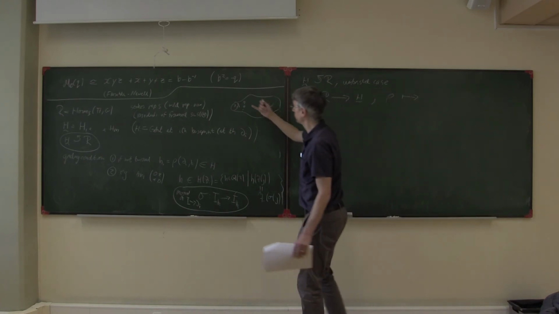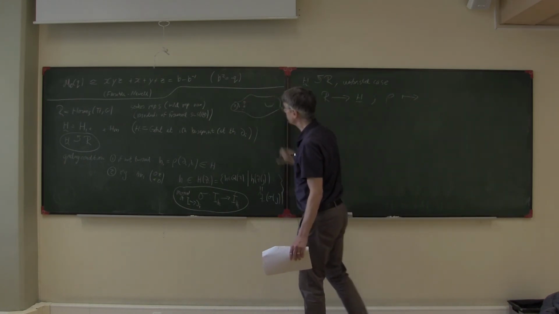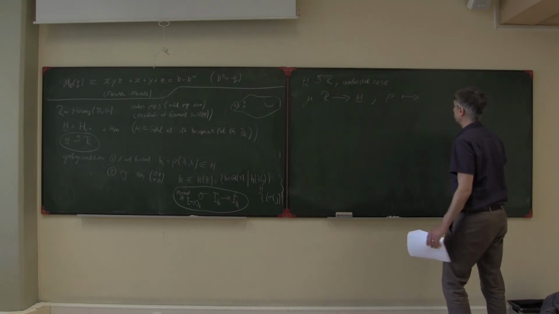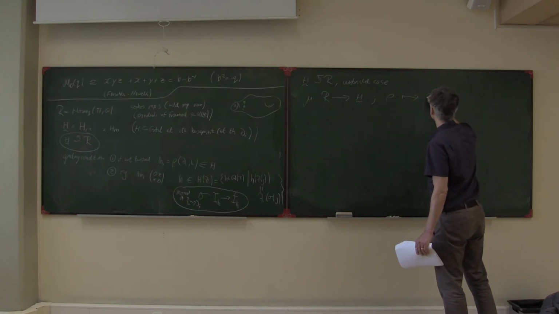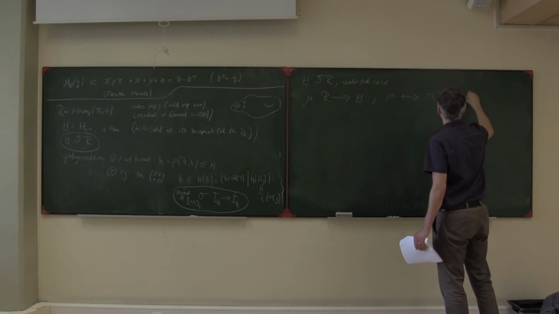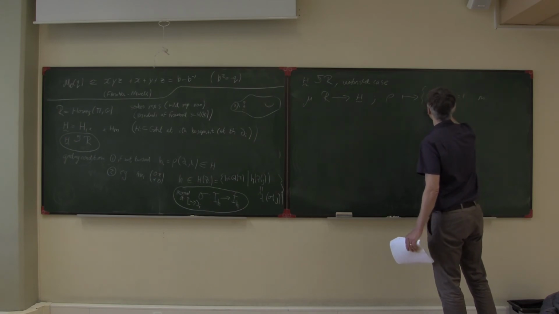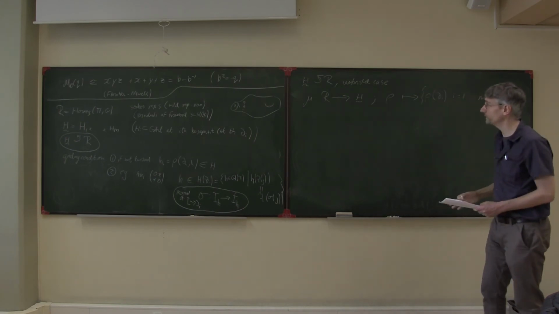So it's really the monodromy of the formal or graded local system. I'm in the untwisted case, so it's just ending up in H. So this is just the collection of monodromies around the boundary.